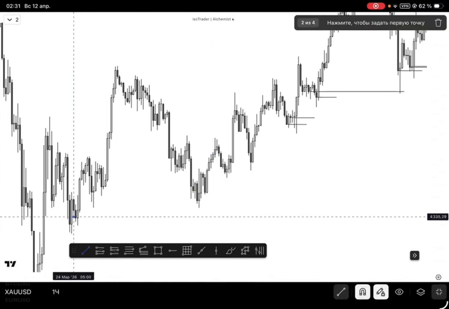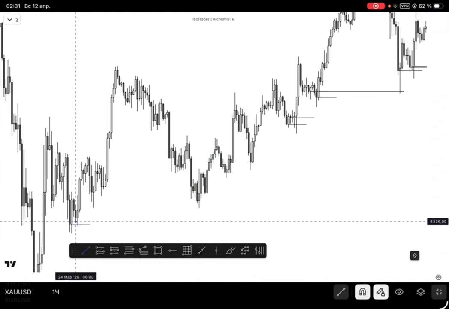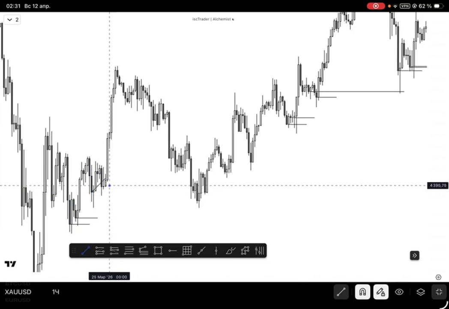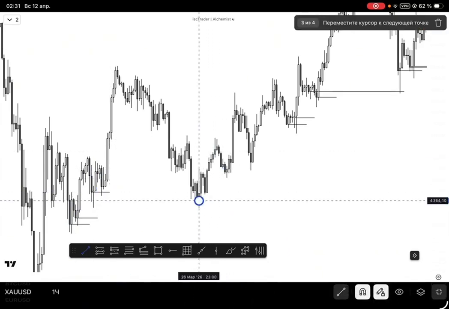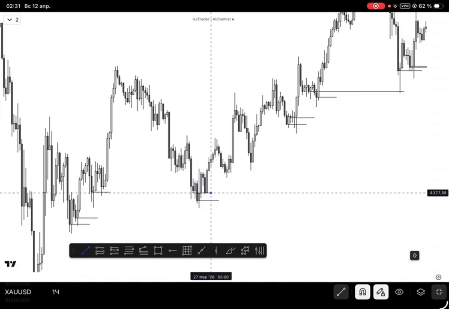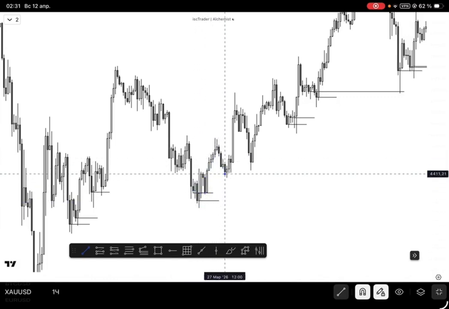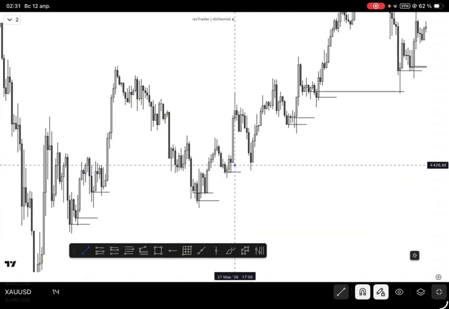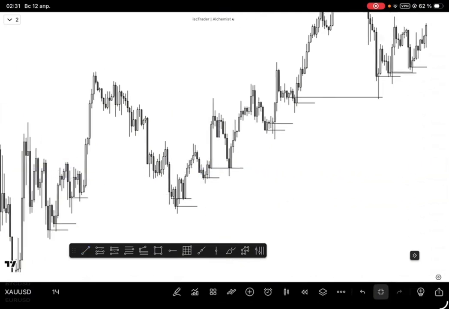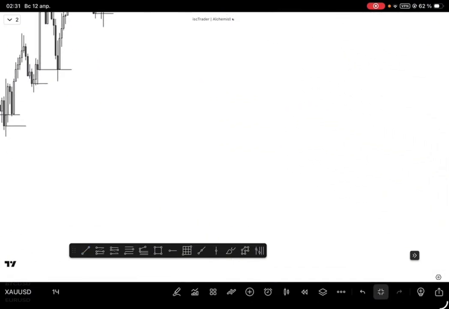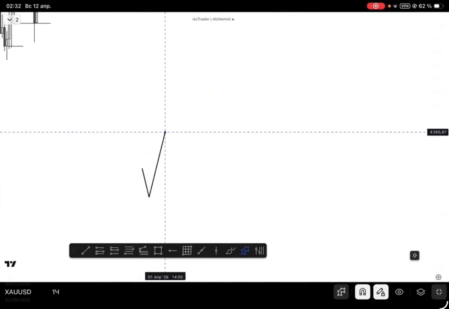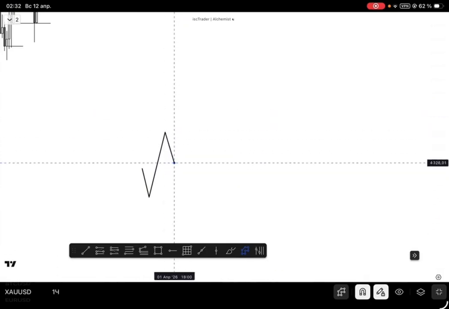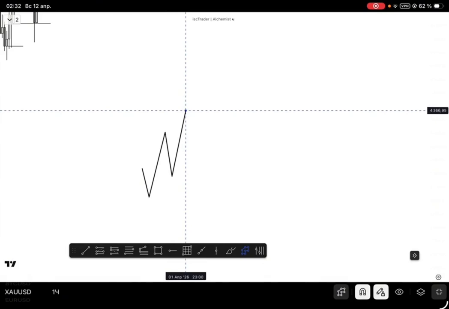Something like that. Okay. Support, and even more support. Support zone. The market is moving. The market is in a trend. Good. It's moving.